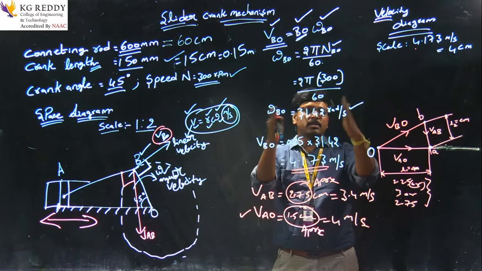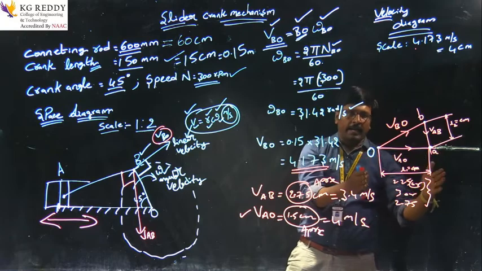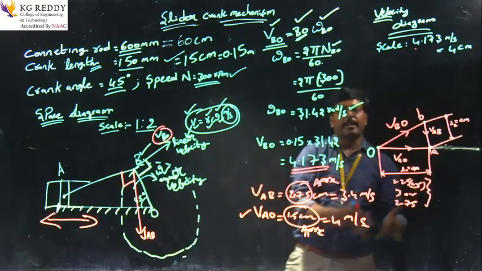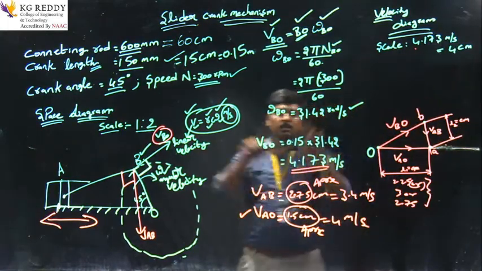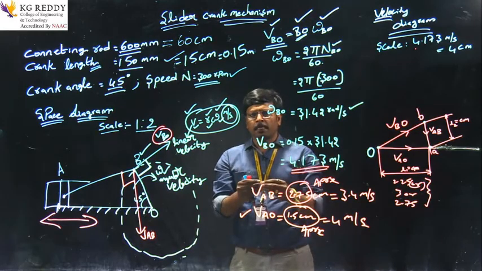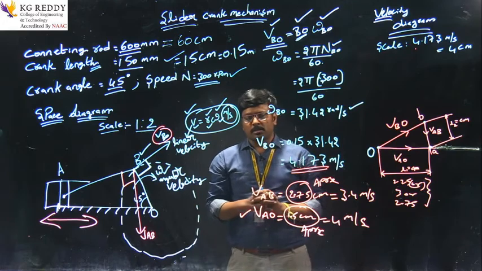Then using this, we take a scale and make a velocity diagram. From here, the unknown terms we can find in centimeters and convert into meter per second. For every problem, this is the only procedure. So it is easy to understand to get the velocities. Thank you.